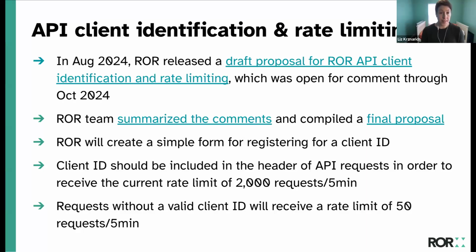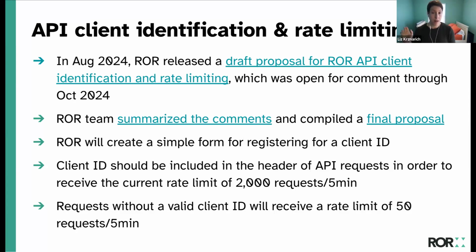But really the outcome of that is that ROR API users should register a client ID once that system is available, and they will need to include it in a header in their API request to receive the current rate limit of 2,000 requests per 5 minutes.